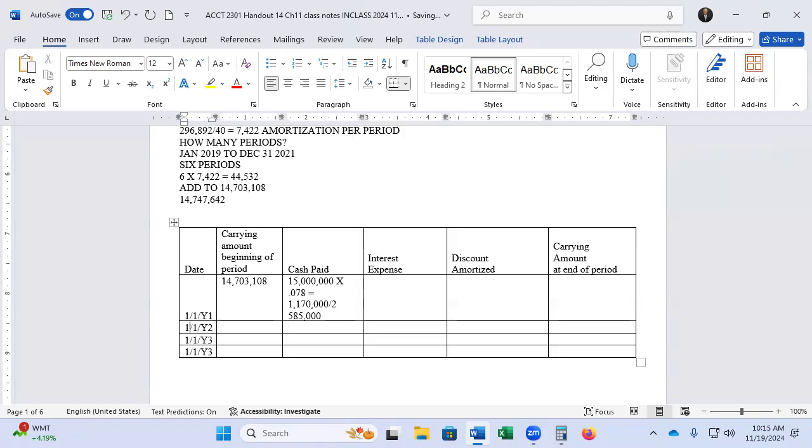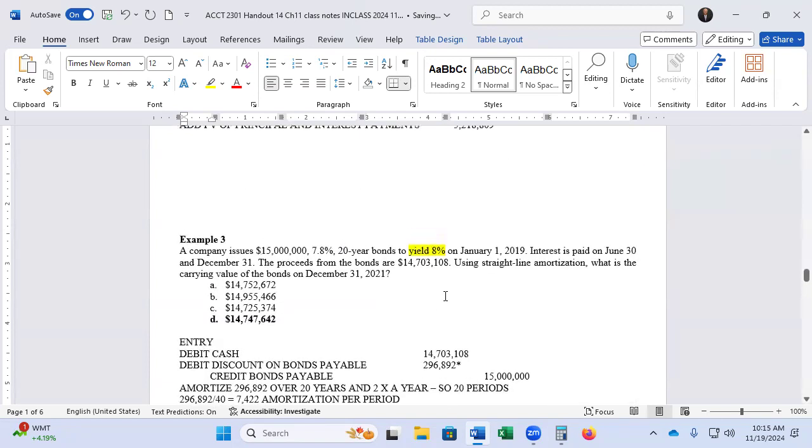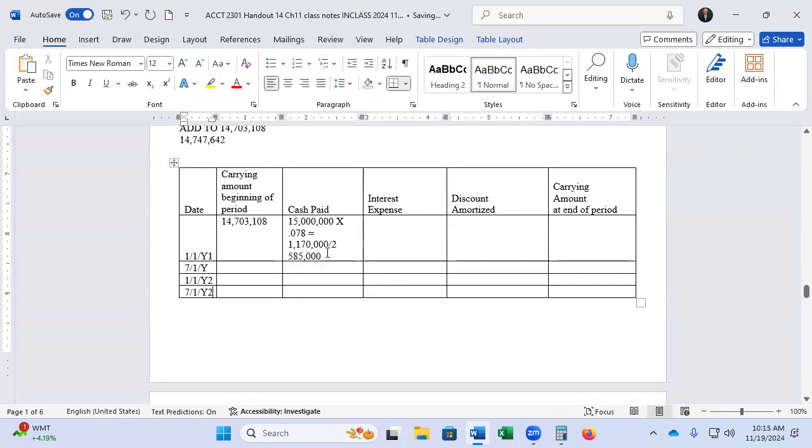Now this would be 7/1 year 1, 1/1 year 2. I think that's when they, right? June 30th, okay. And our interest expense, 14,703,108, and they're supposed to yield 8%. So we take that 8% and we divide it by 2. And so we end up with 588,124.